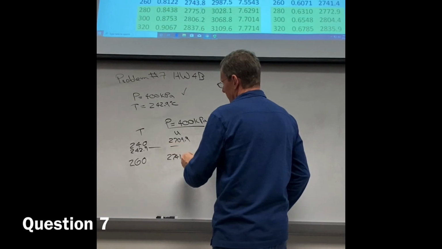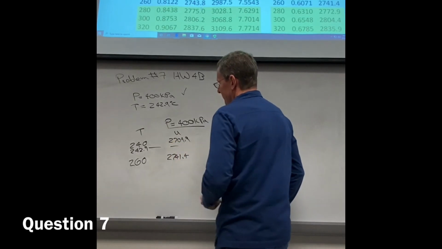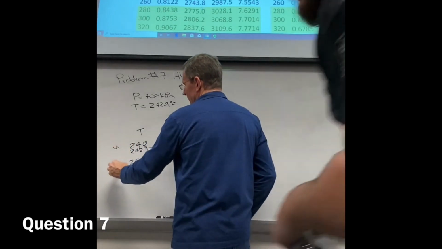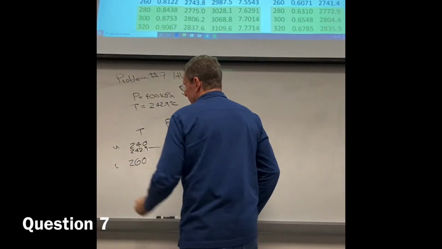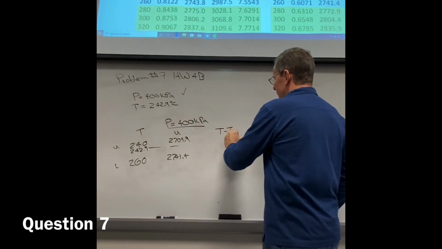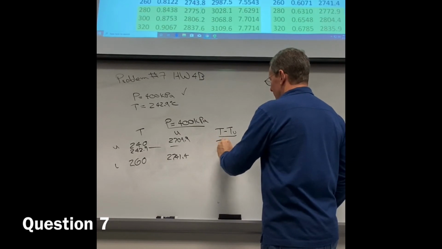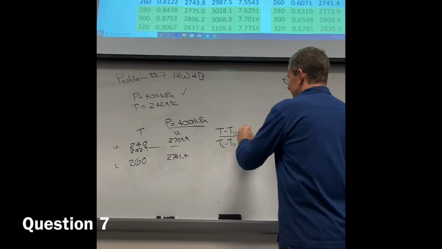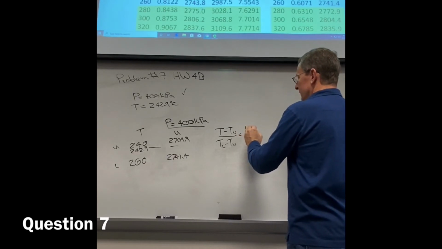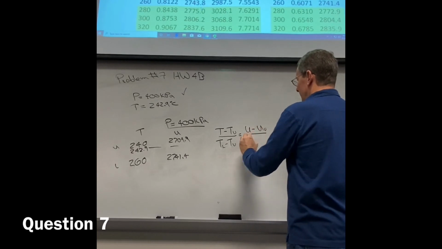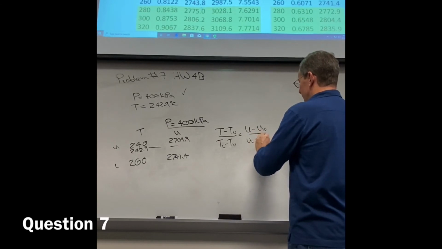And so we're trying to find this value. If this is the upper row and this is the lower row, then we have (T minus T upper) over (T lower minus T upper) equals (U minus U upper) over (U lower minus U upper), right?